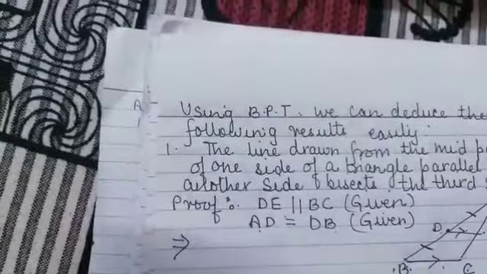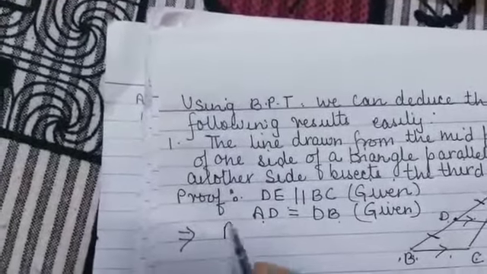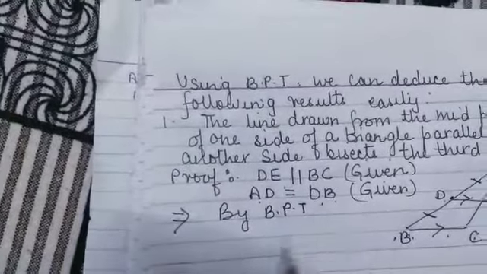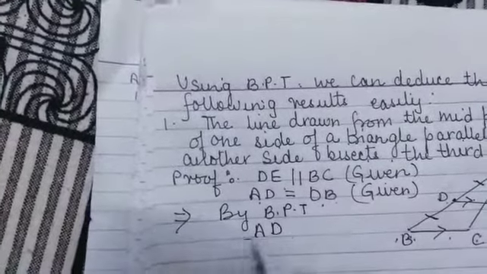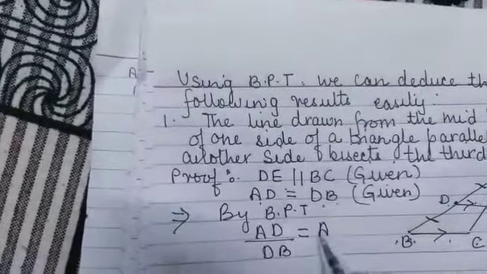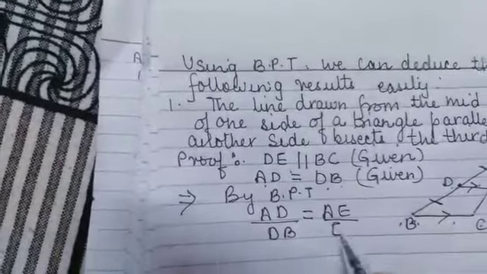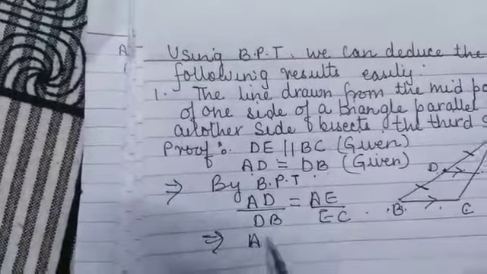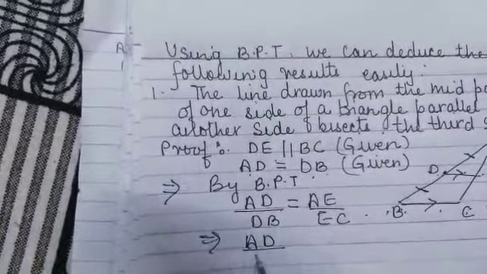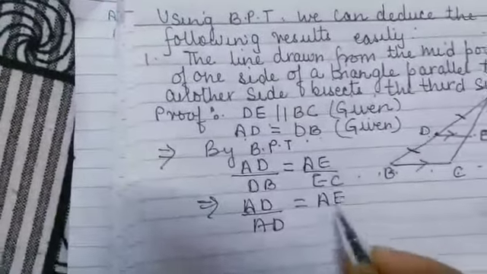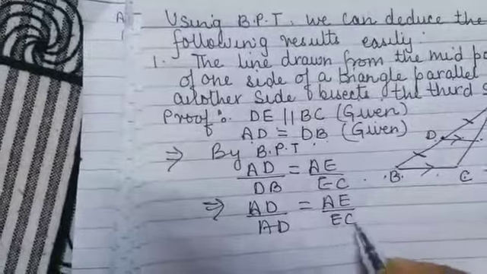So what do we know from the basic proportionality theorem? By BPT, we know AD upon DB is equal to AE upon EC. Right. So what will it be? It will be AD upon AD is equal to AE upon EC.